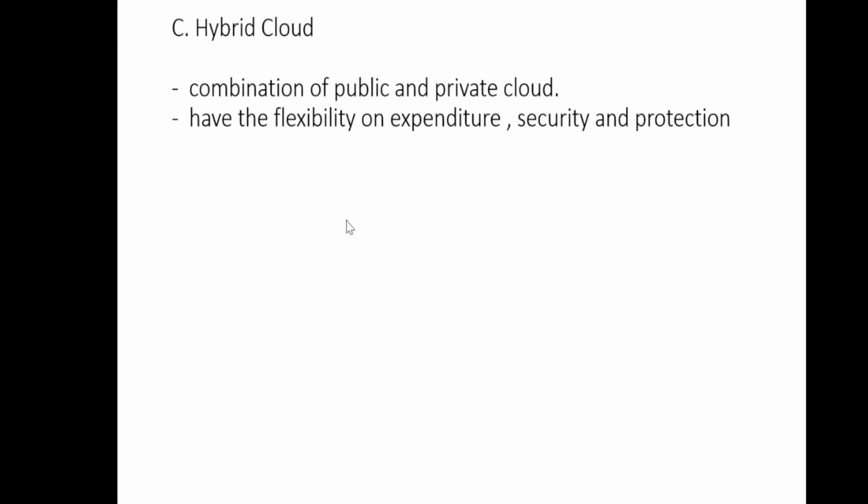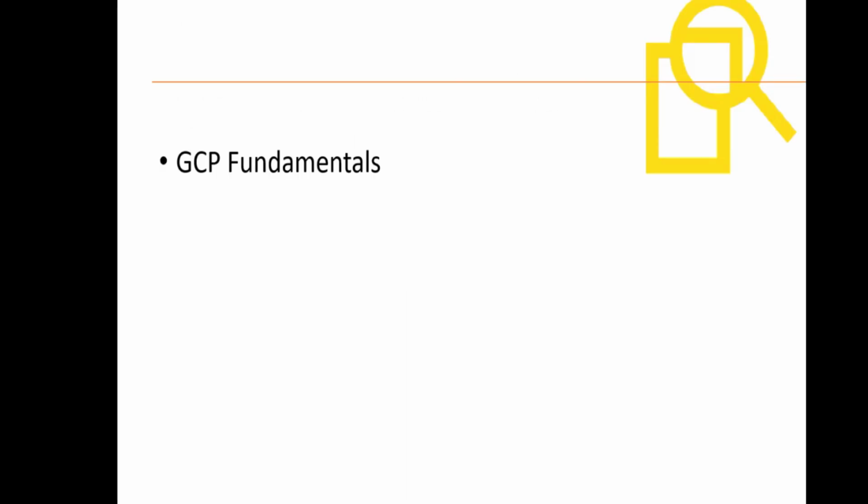Based on their requirements, they use some services in the public cloud, some services in the private cloud, and some services they try to use inside their on-premises environment. That means, based on their requirement, they use one service in a specific cloud, and that gives flexibility on expenditure, security, and protection. Right? So those are the three different types of cloud.